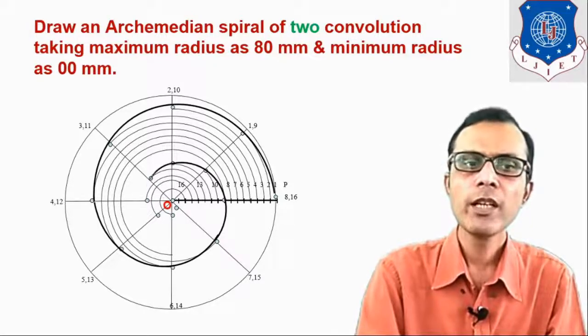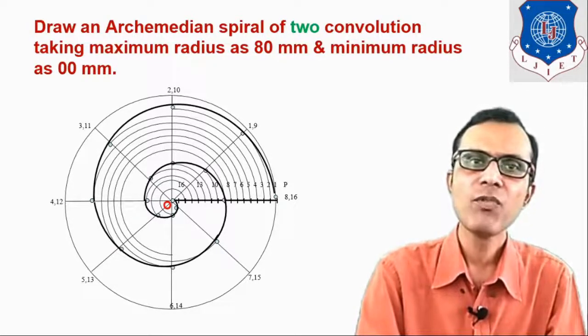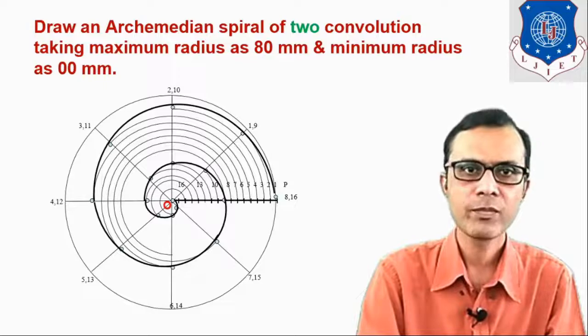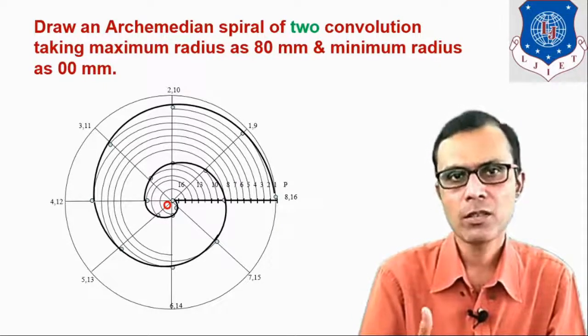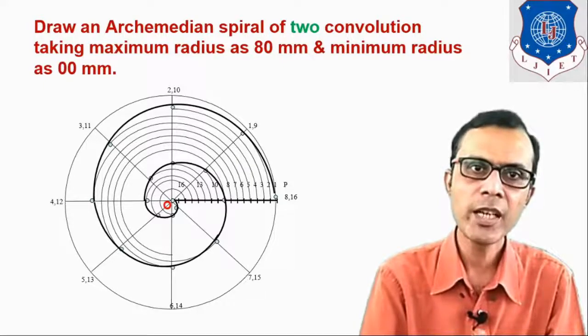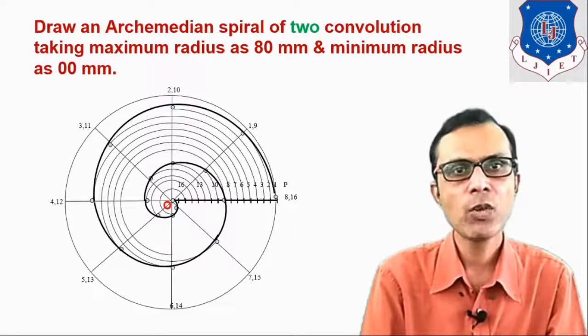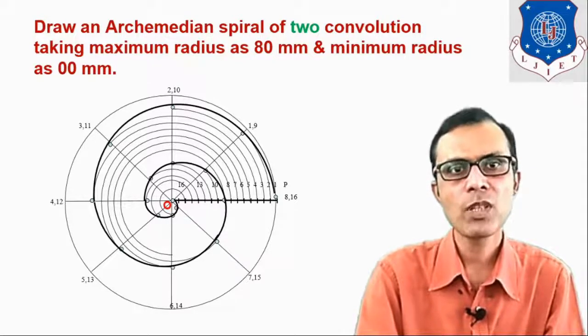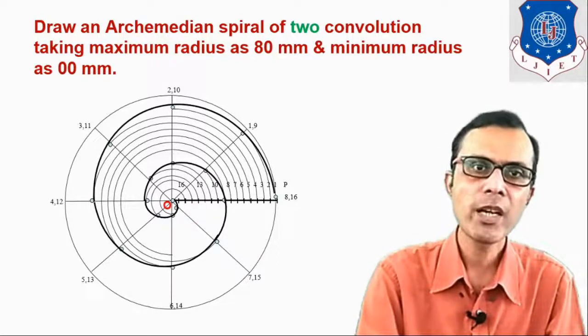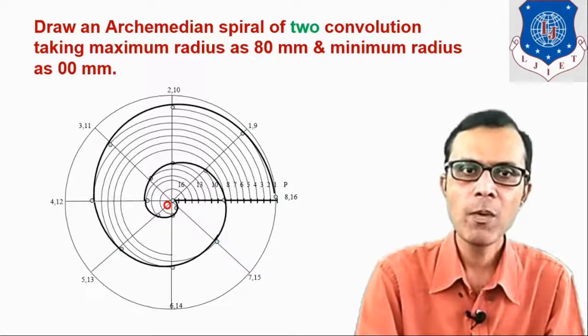So it is the Archimedean spiral for two convolutions. If it is given that the minimum radius is some digit other than 0 mm, then in that case we will need to draw two circles. One is with the maximum radius, another is with the minimum radius.